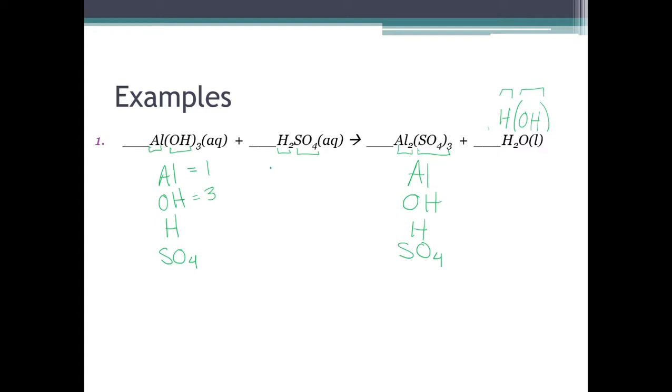Here in H2SO4, I can show this a little bit more clearly, we have 2 hydrogens and 1 sulfate. Over on the right-hand side, we've got 2 aluminums over here. We have 1 hydroxide over here. We have 1 hydrogen. And we have 3 sulfates.